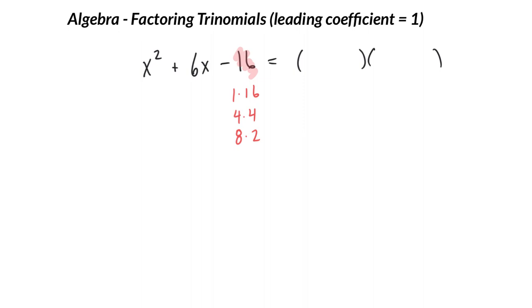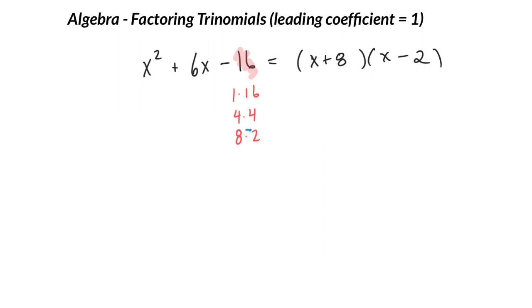So now I have to think, okay, how can I make 6 by making one of these negative? Well, 1 minus 16, 16 minus 1 won't do it. 4 minus 4 won't do it. 8 minus 2 would give me 6. So if I'm going to add that here, it's going to be a negative 2. So I'm going to have x plus 8 and x minus 2, like that. So that just adds a wrinkle there if you have a negative.